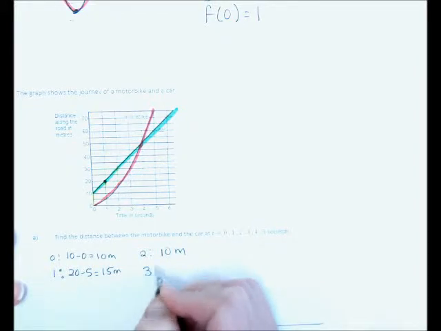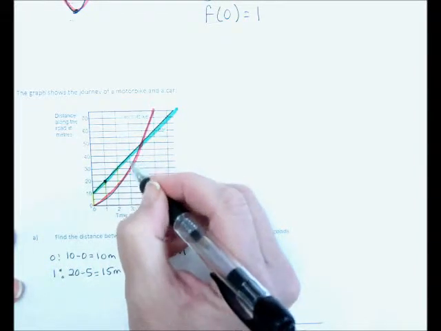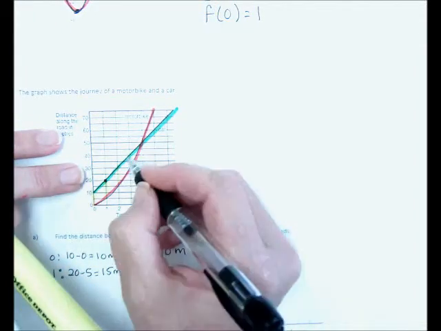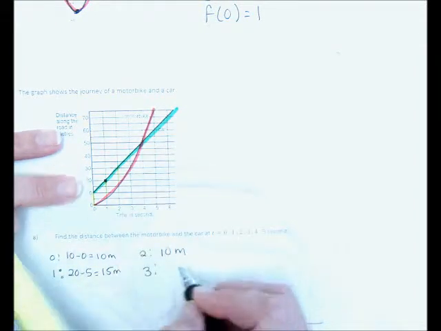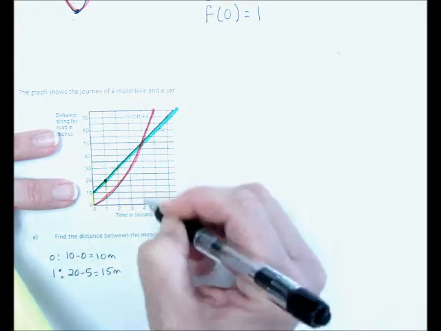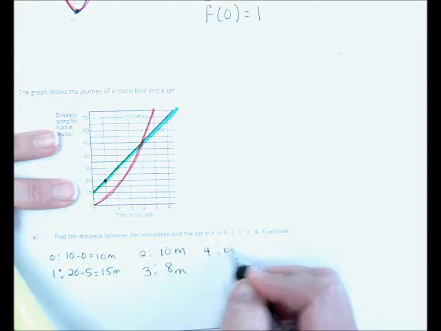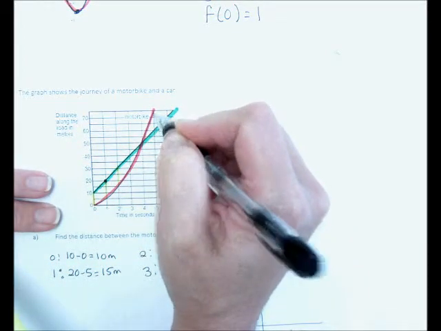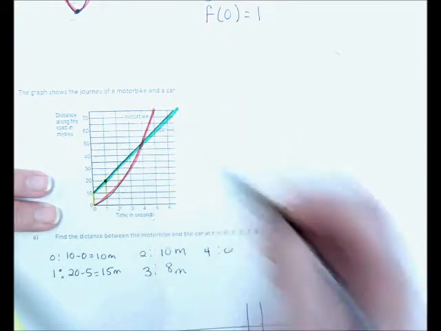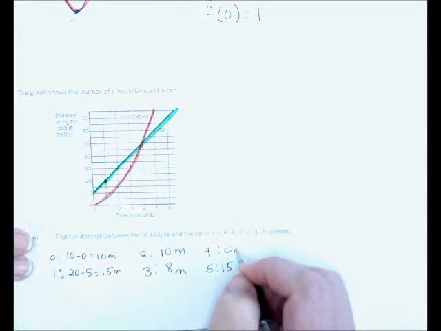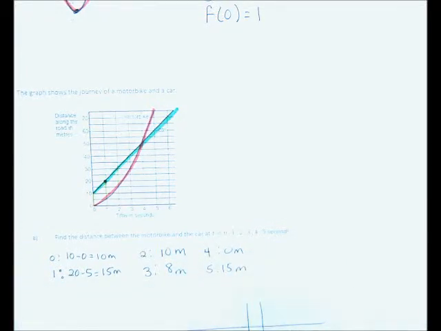And then at 3, it appears that maybe the distance is like 12. No, maybe 7. Sorry, 7 or 8 meters. And then the distance at 4, it appears that that's where they intersect, so that's 0. And then the distance between the two at 5 appears to be 5, 10, 15. So 5 is back to 15 meters. So that's how you do that one.